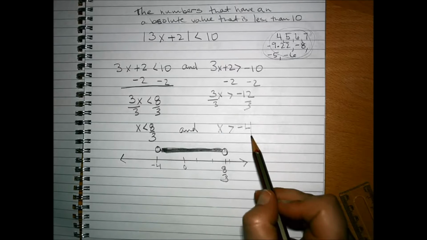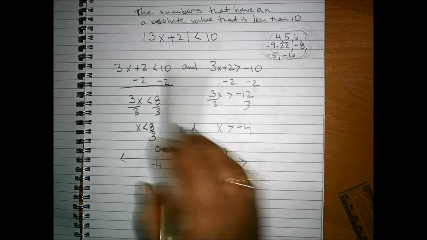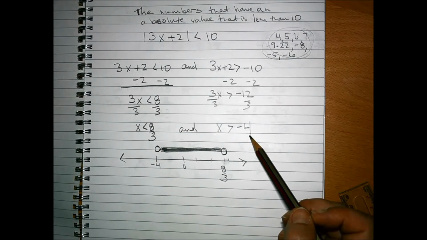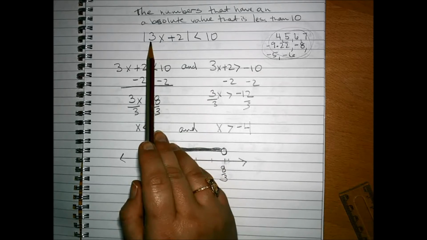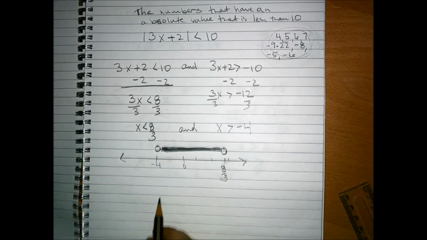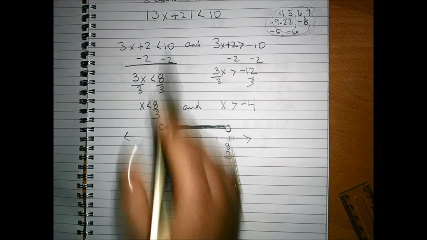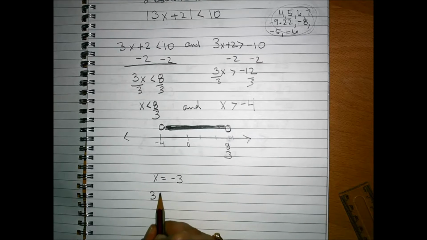Let's go back to these, let's take this solution for example. Let's take any number that is greater than negative 4, and we're going to plug it back in here and see if it's a solution. So any number that's greater than negative 4, well, negative 3 is greater than negative 4. What if we substituted in here? What if we said, if x is equal to negative 3, is that going to satisfy the solution?